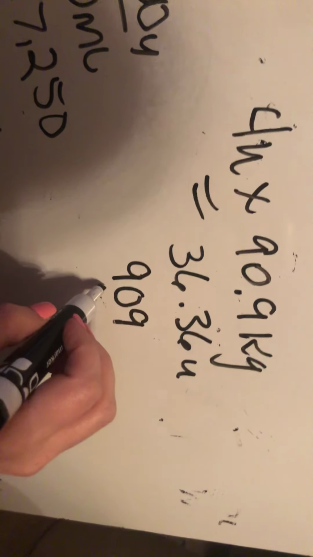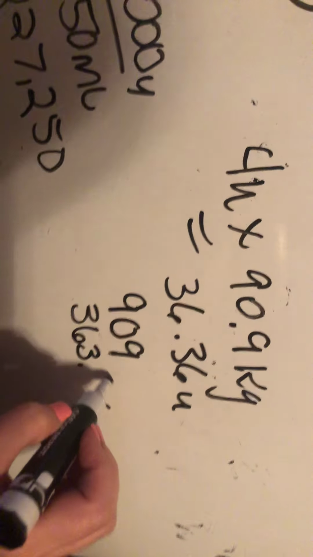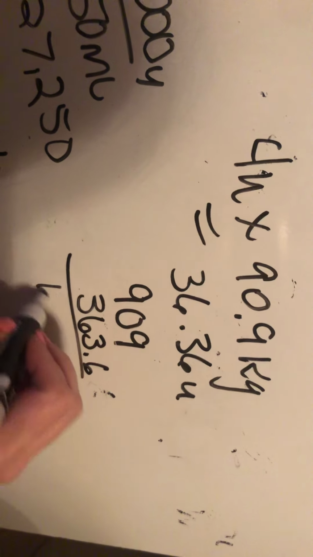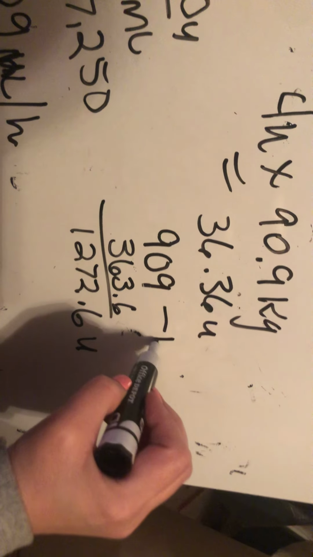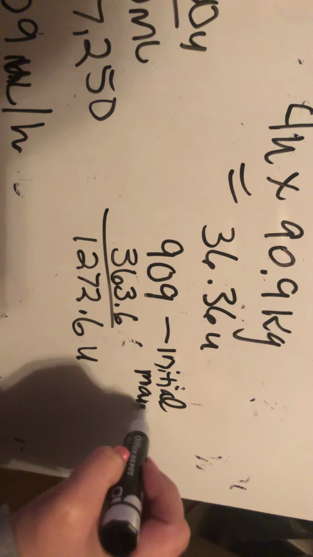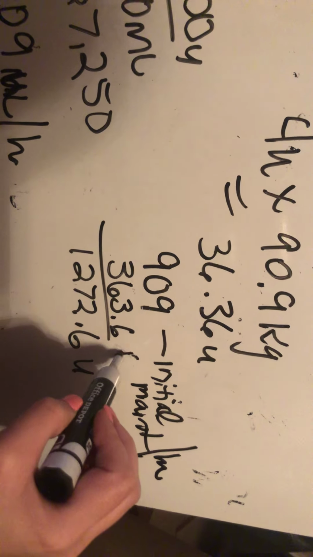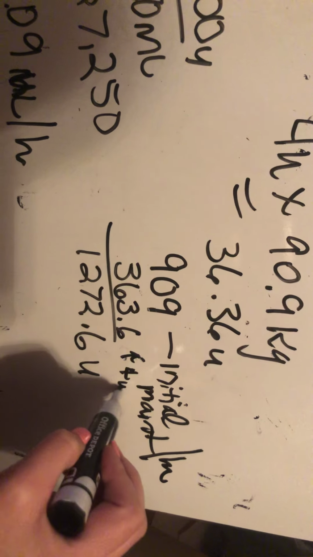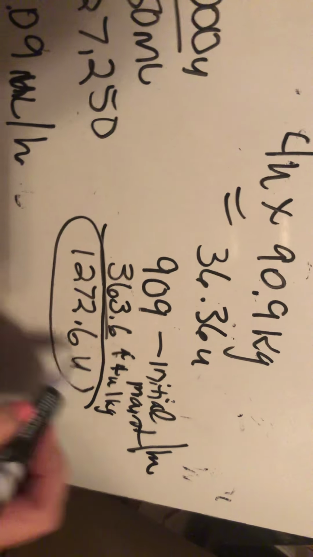So we're actually going to add 363.6, and that's going to give us 1272.6. That's going to be our new rate. So this is our initial maintenance per hour. Okay, and then we're increasing by 4 units per kg, and this is our new maintenance rate.